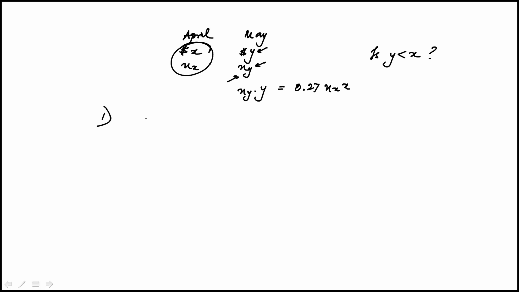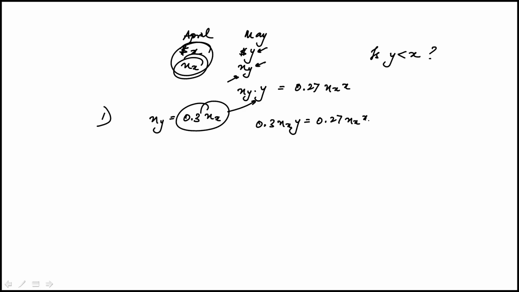So let's start with statement 1. The store sold 70% fewer of the shirts last May, which is N sub Y is 70% fewer, so it would be 30% of the number of shirts sold in April. If we plug that in here, we'll get 0.3 N_X Y equals 0.27 N_X X, and you'll see this part drops out.